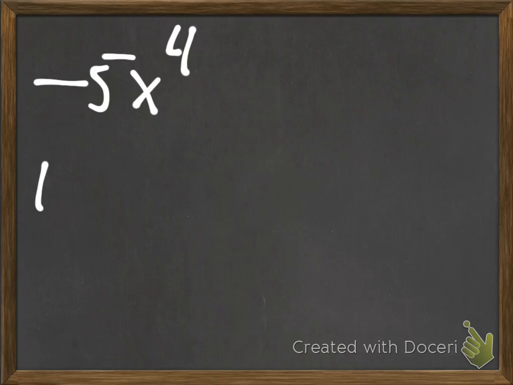Having an even exponent means that the left side goes in the same direction as the right side, which matches the leading coefficient. So if you have negative 5x to the 4th, the left side will equal the right side.